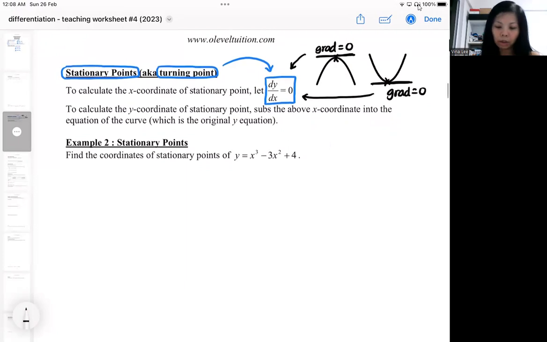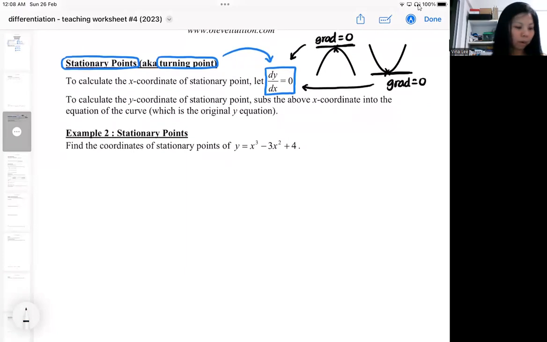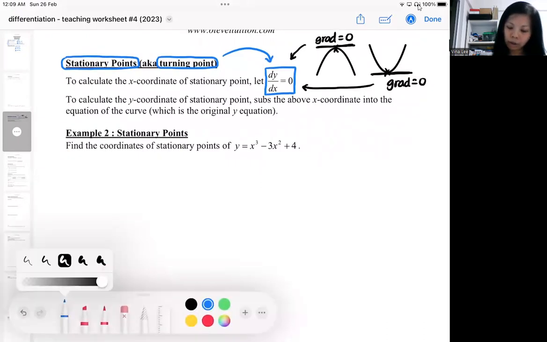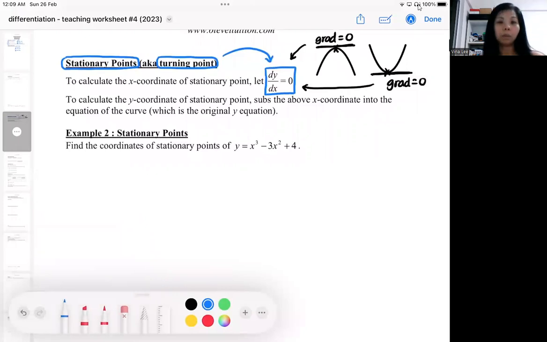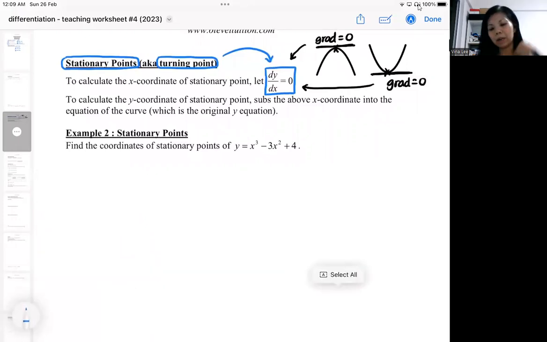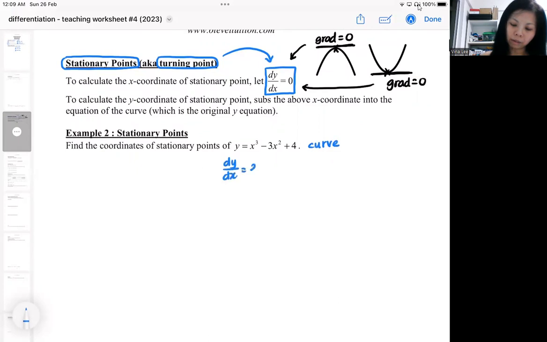So I'm going to be using a very generic example to show you the calculation of the coordinates. It's actually quite an easy thing during O level, provided you don't make careless mistakes. If you look at the equation of the curve, you perform your dy dx. This is quite easy. If you would like stationary point, go for the definition.